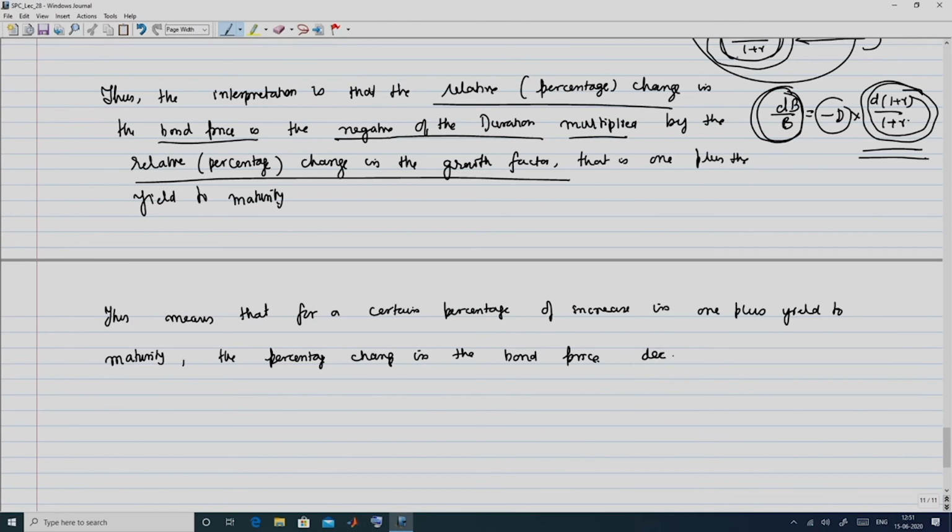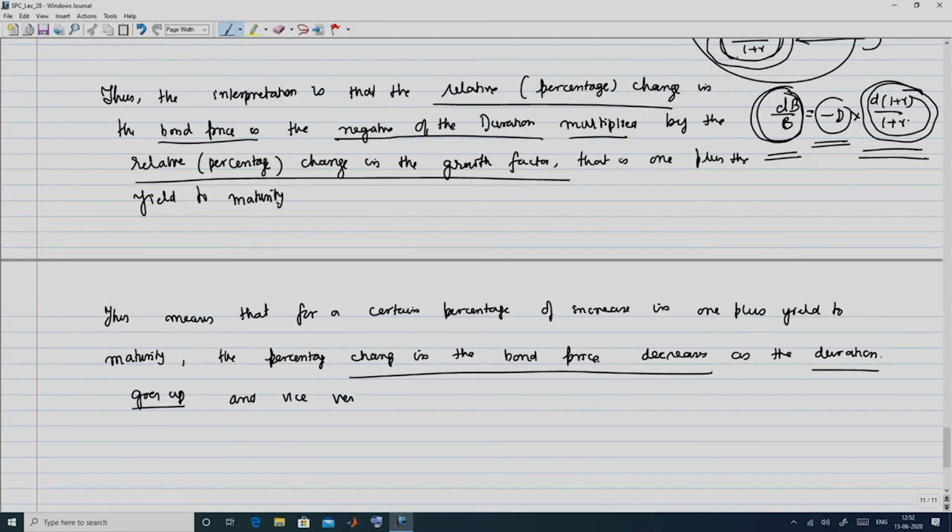decreases as the duration goes up. As the duration goes up, this term minus D will become smaller. So, accordingly this will decrease. So, this change in bond price decreases as the duration goes up, and vice versa.